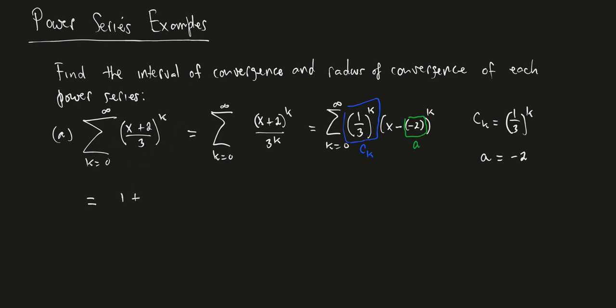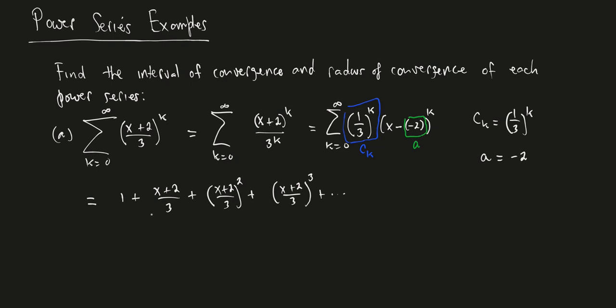When k is equal to 1, it's x plus 2 over 3. When k is equal to 2, I'll have x plus 2 over 3 squared, and the next term will be x plus 2 over 3 to the third power, and so on. I don't know about you, but this looks and smells like a geometric series, right?